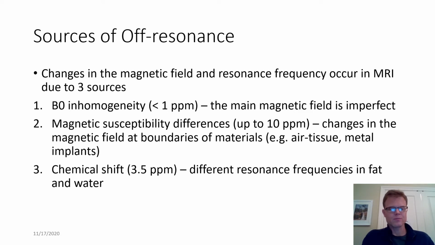This is typically a 3.5 part per million shift between the resonance frequencies of fat and water. Since we rely on frequency so much, for example for frequency encoding and RF pulses, when you have these unexpected deviations in the magnetic field, they lead to artifacts.